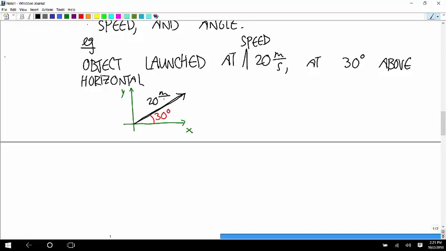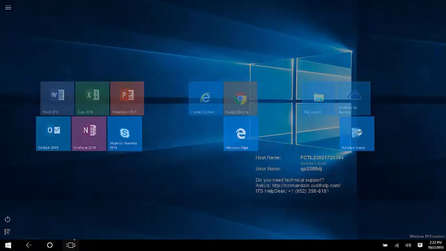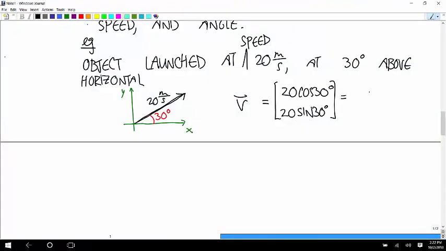You could think of this with the units. And so the velocity vector at that instant would be 20 times cosine of 30 degrees, 20 times the sine of 30 degrees. And that would be 17.32, 10 meters per second.